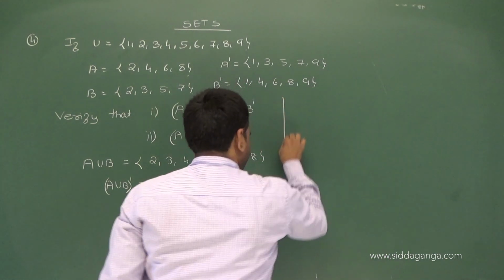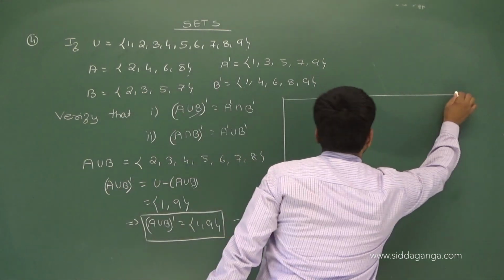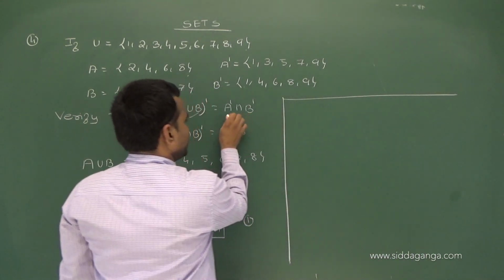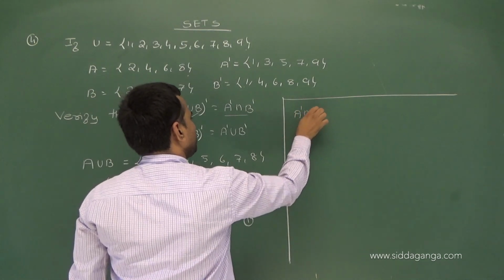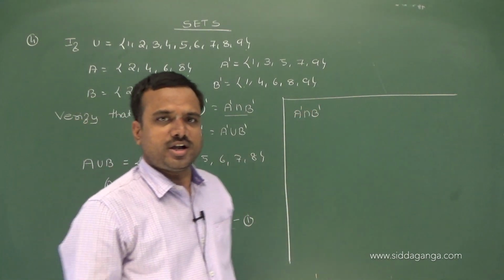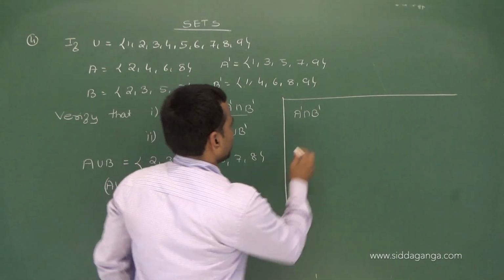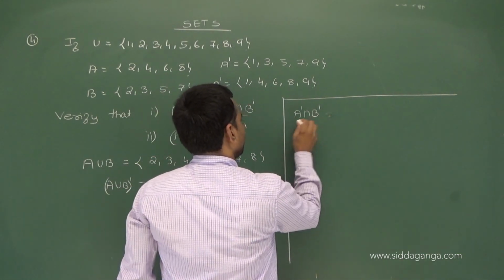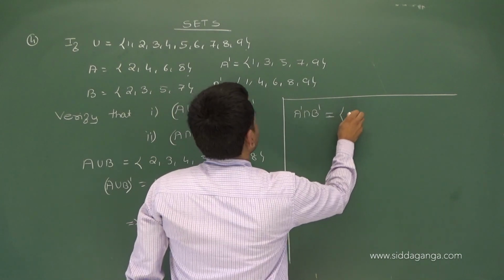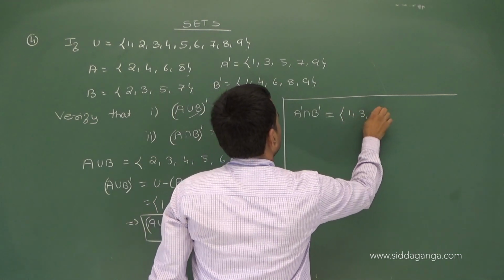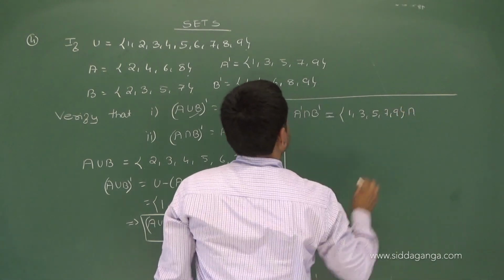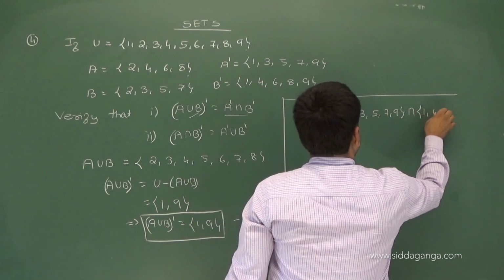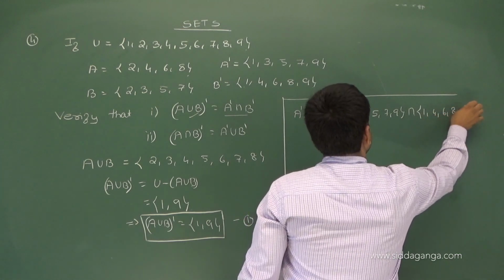Similarly, we find RHS. RHS is what? A dash intersection B dash. Correct? I write once again these two sets: 1, 3, 5, 7, 9 intersection 1, 4, 6, 8, 9.